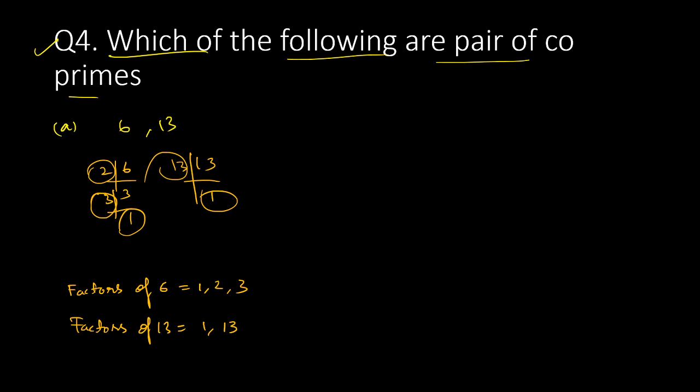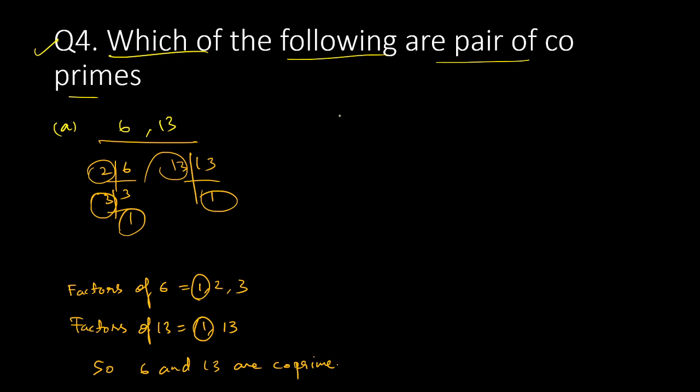Now students, tell me which is the common factor? Only 1 is the common factor. So if only 1 is the common factor, then the numbers are co-prime. So 6 and 13 are co-prime numbers. So this was part A.